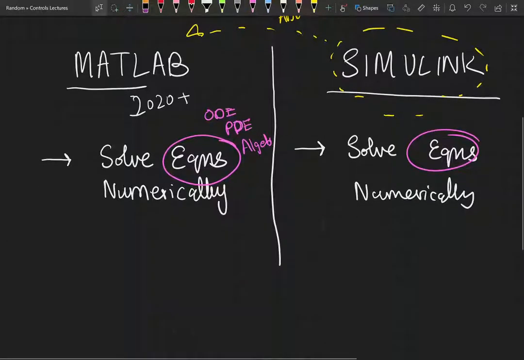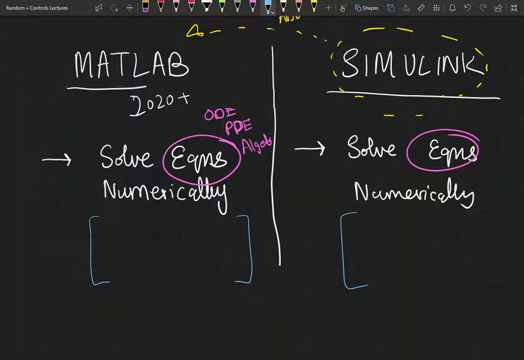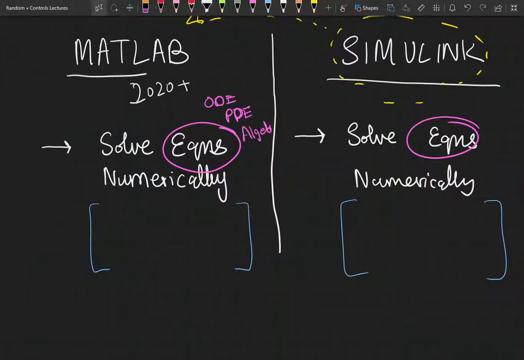Now, the objective is the same, but the method is different. Now we're going to highlight the method. The objective, the why, is the same, but the how is different. In MATLAB, you type code. I'm stating the obvious. Some of you really enjoy writing code.